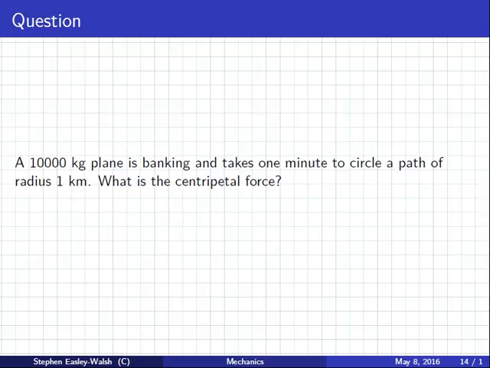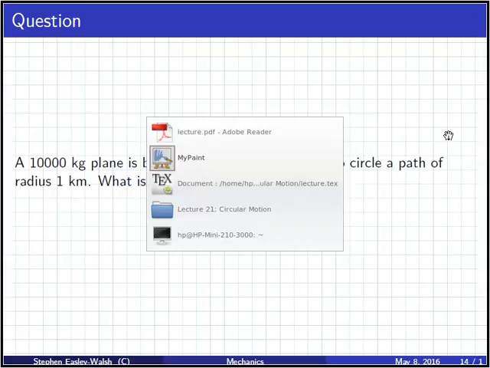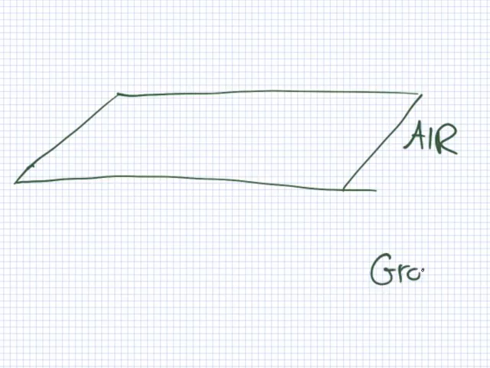Okay, guys, look, we're going to do this one now. I'll try and draw this, give you a sense of perspective. This is the air here, and this is the ground. The plane is basically just flying in a circle in the air.